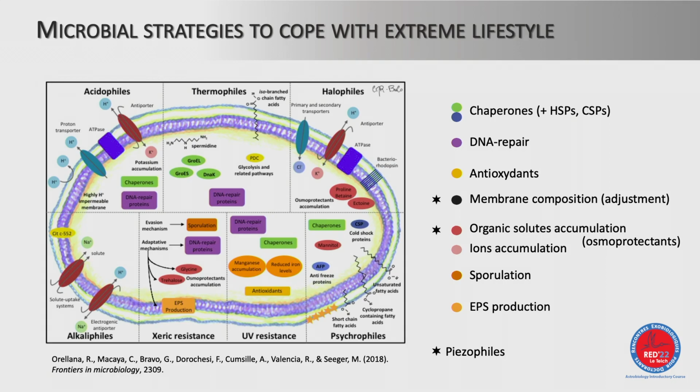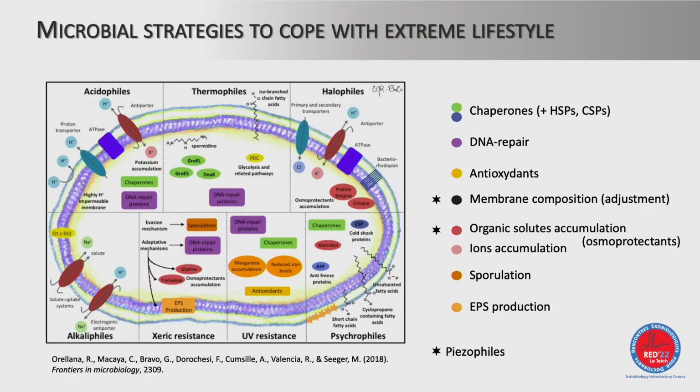For example, chaperones for thermophiles, to cope with really high temperature or also cold temperature. The chaperones help the proteins to stay in the good native state and to be stable and not unfold, because when they are unfolded, the bacteria cannot synthesize other proteins, for example, or cannot metabolize.